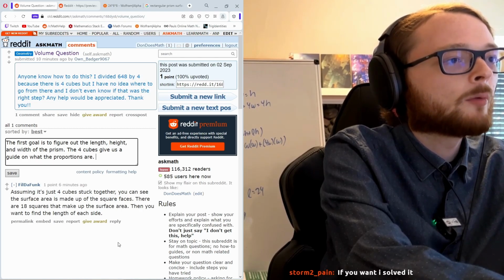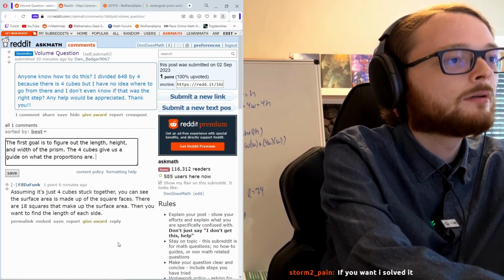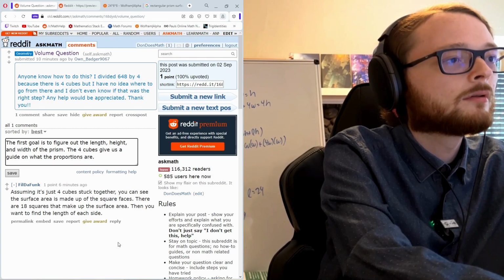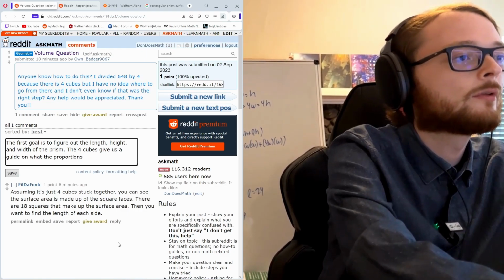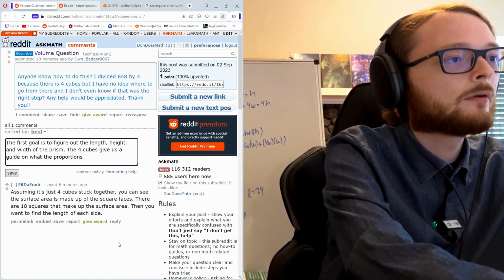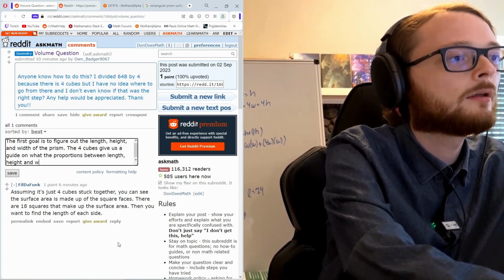Four cubes gives a guide on what the proportions are, or on the proportions between length, height, and width.